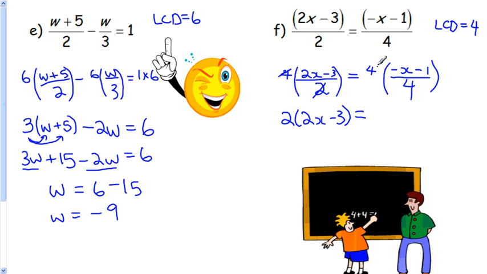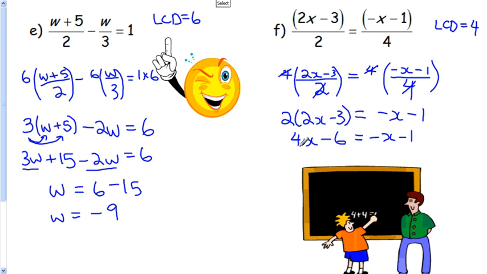And over here, notice that the 4's actually just cross out, so we end up with minus x minus 1. So 2 times 2 gives me 4x, and 2 times minus 3 gives me minus 6, equals minus x minus 1. Now it's just a matter of collecting the like terms.